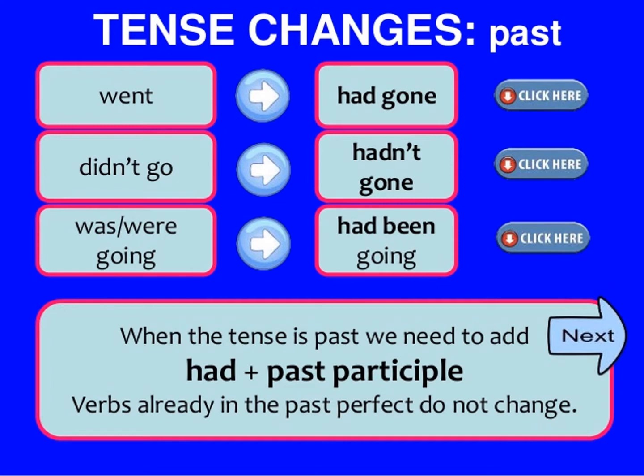It means that if you already have had plus the past participle in the sentence, you do not change it. And for conditionals, we only change the first conditional from present to past, but the second or the third conditional stay as they are.